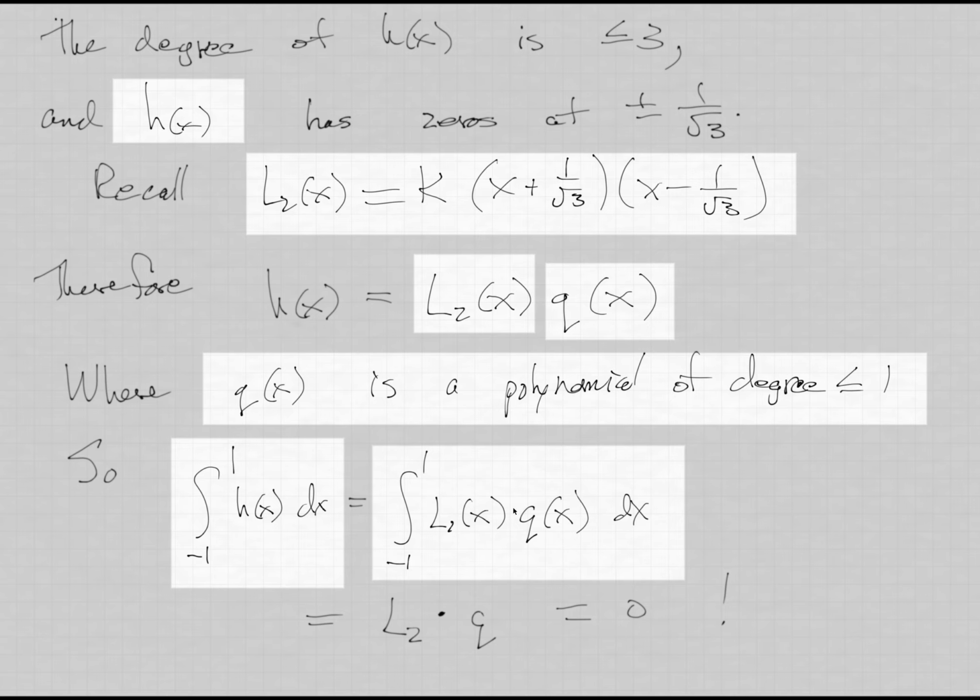This is the dot product between L2 and Q. So that integral is L2 dotted with Q, and because they're orthogonal, that dot product is 0. And therefore, the integral of h is actually equal to 0! Yeah. So the integral of h over this interval is 0.